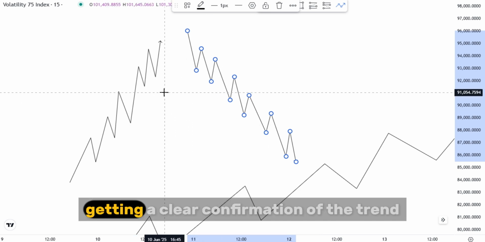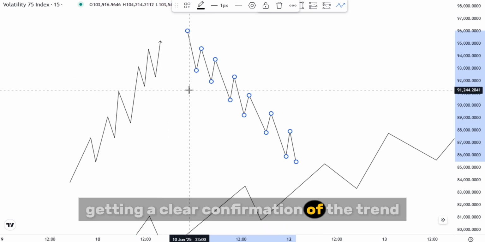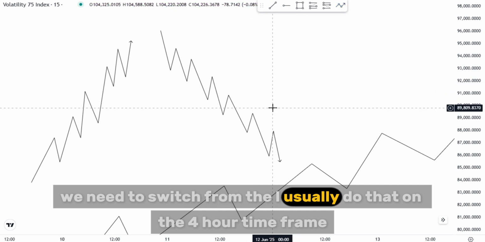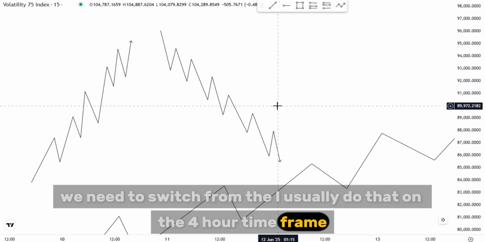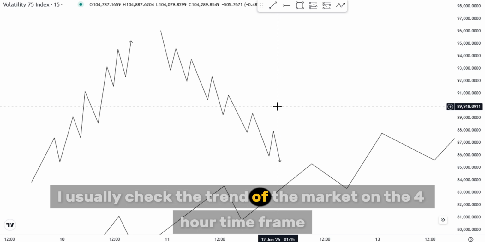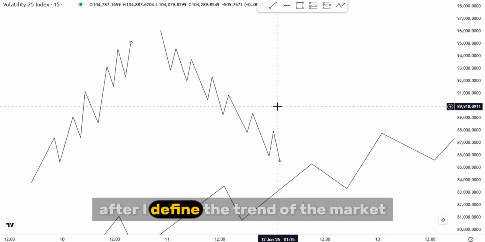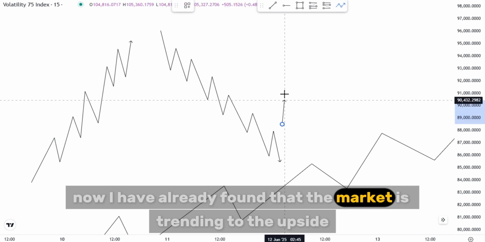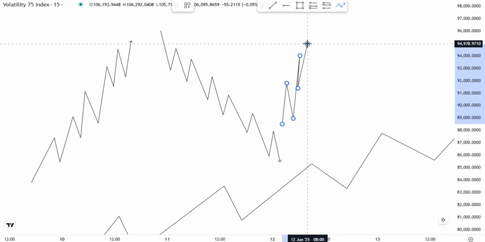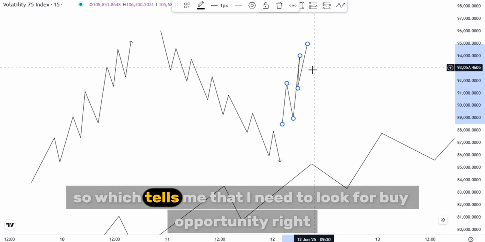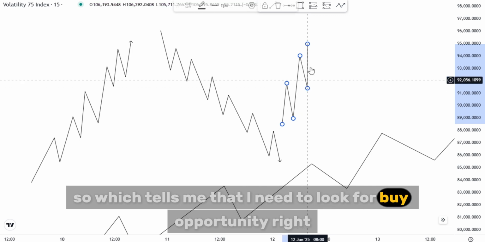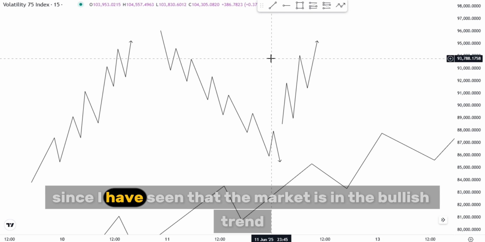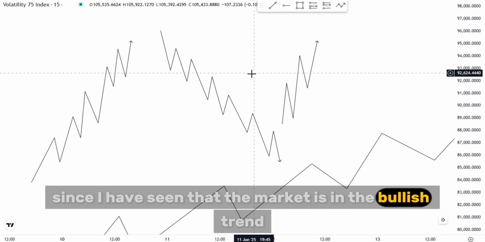After getting a clear confirmation of the trend, we need to switch. I usually check the trend of the market on the 4-hour time frame. After I identify the trend, now I have identified that the market is trending to the upside, which tells me that I need to look for buy opportunities, since I have seen that the market is in a bullish trend.